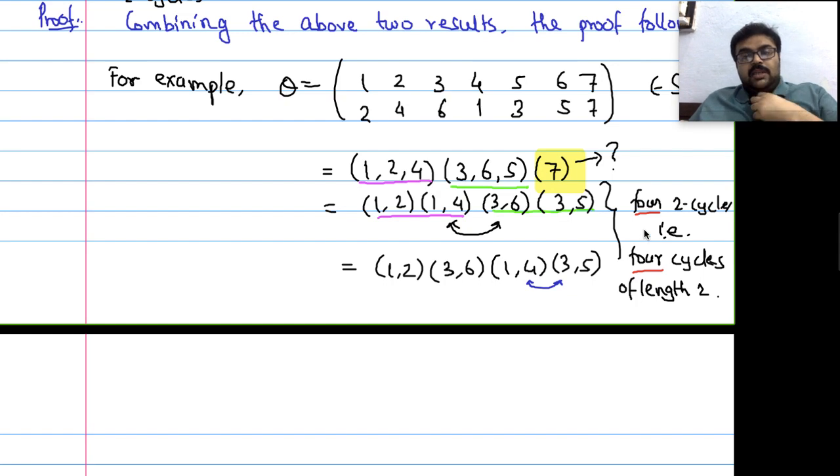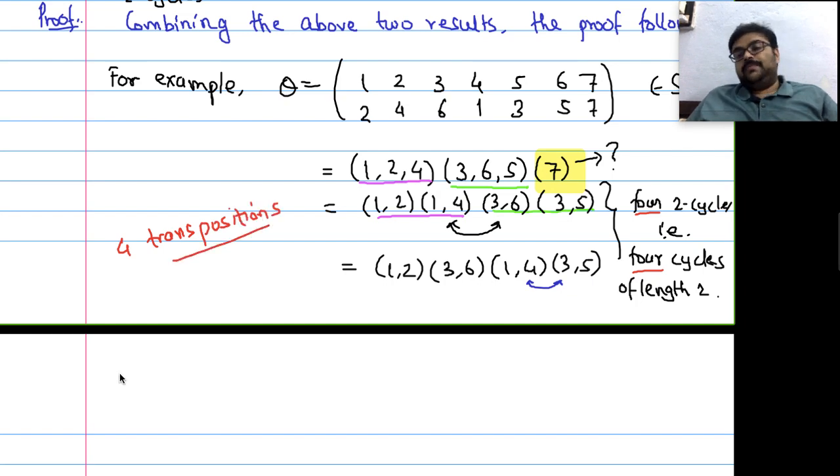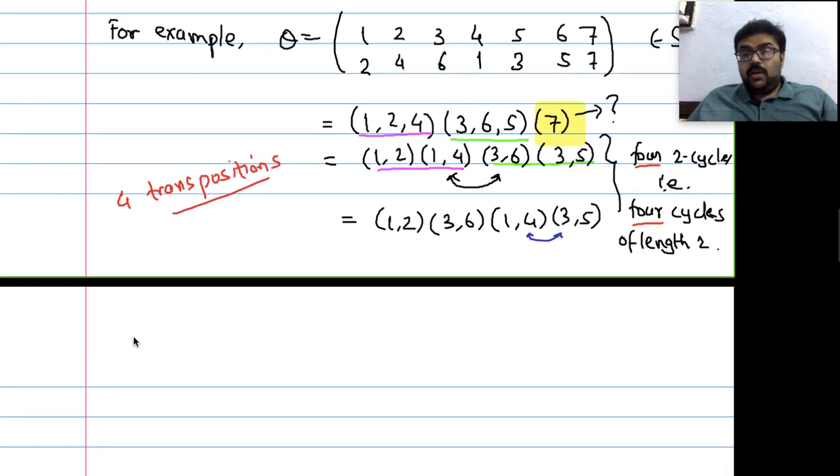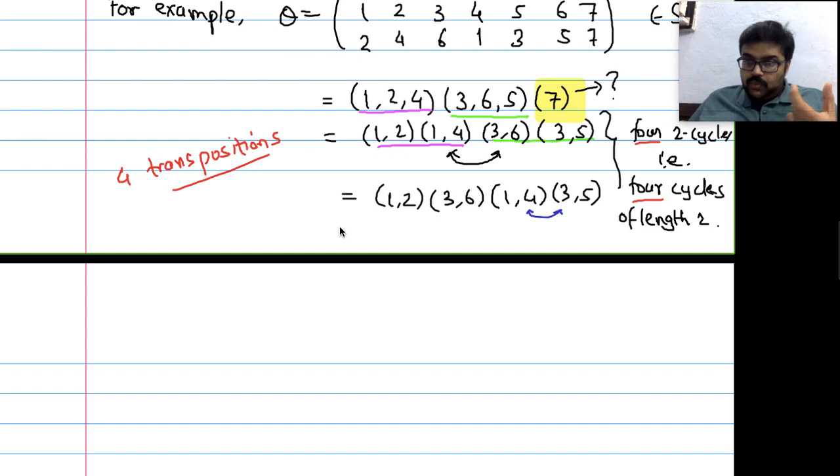And in this example we have written this permutation as a product of 4 transpositions, which is an even number, which is not always the case. In some cases, it is an odd number of transpositions, odd number of 2-cycles. So here 4 is an even number.